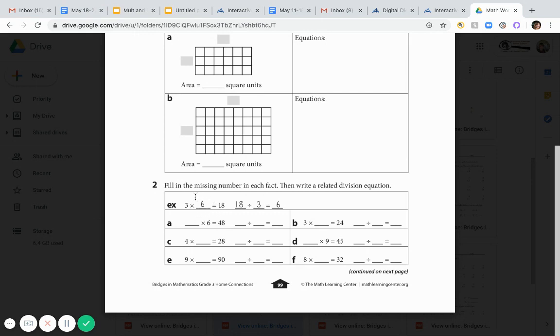So if I'm multiplying and I get 18, when I divide, I'm going to divide this big number up. So I'm going to put 18 divided by 3. 18 divided into 3 groups. So each of these groups would get 6. So you are going to do that work with these problems down here.